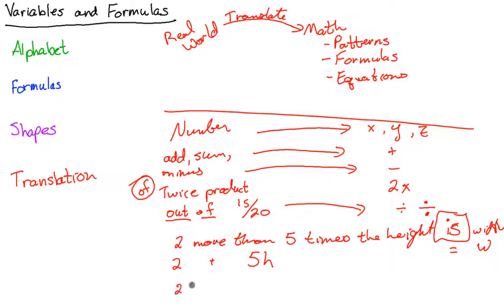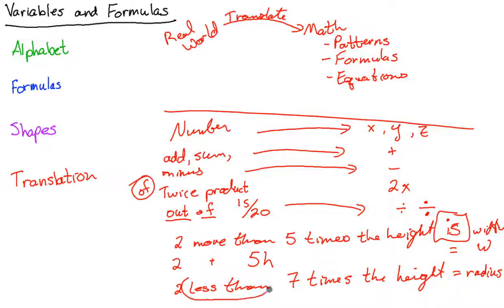How about 2 less than 7 times the height equals the radius? You might be tempted to go 2 minus 7h, but we need to look at this very carefully. In our translation, we need to make sure it's precise for the math world to work on it. So let's try this.